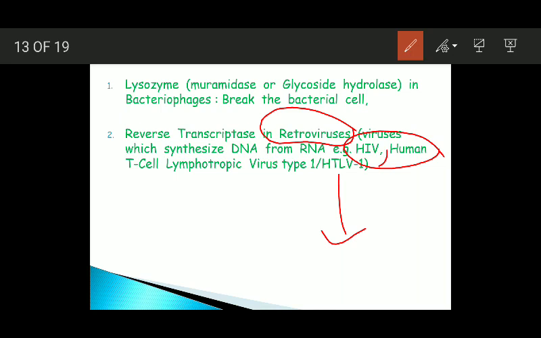So reverse transcriptase enzymes, which help the viruses synthesize DNA from RNA, have been found in HIV and human T cell lymphotropic virus type 1. Basically, the function of reverse transcriptase is the formation of a DNA strand using RNA as a template.